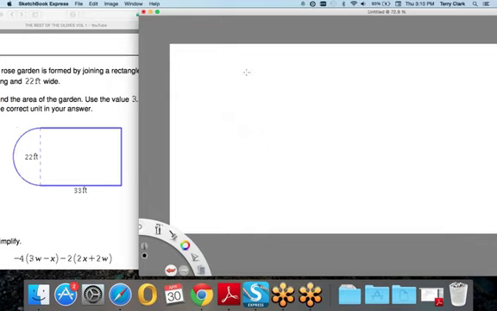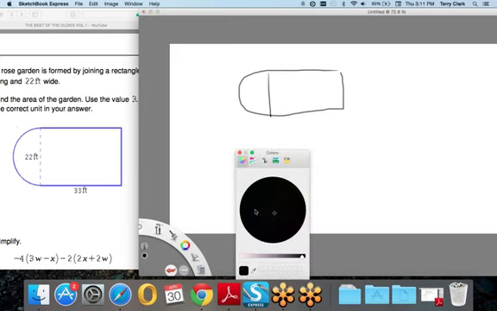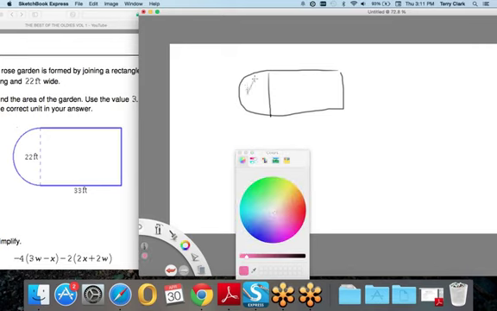All right, so we've got to find two areas. Okay, we got to find the area for a semicircle, which is this part right here. This is a semicircle right here.